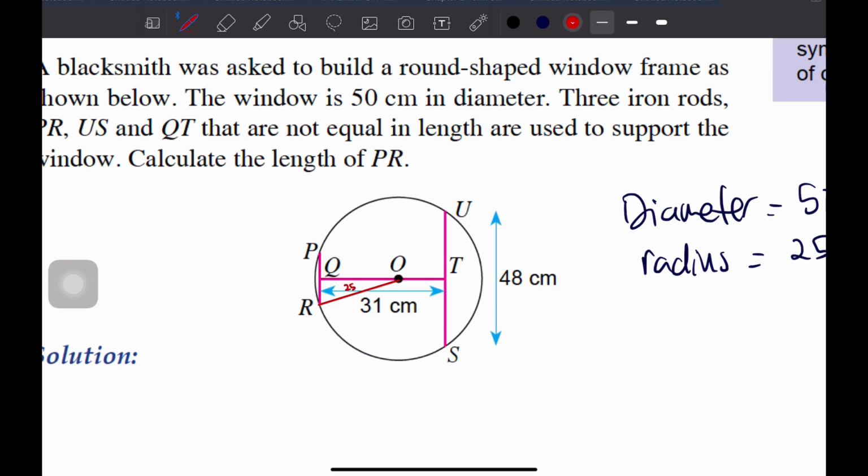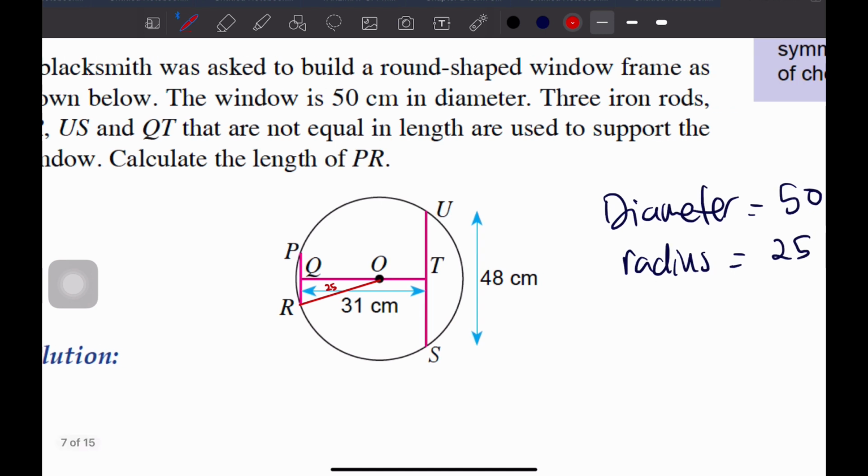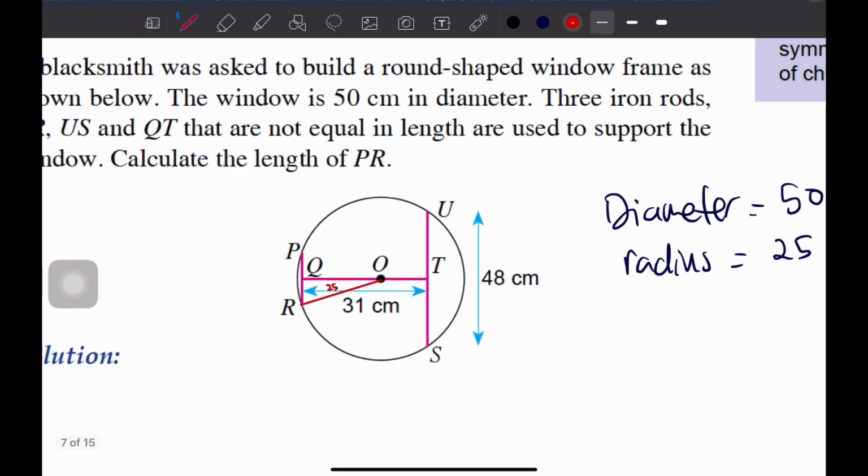So what else can I get from the diagram? Over here, this is 48. We can divide it into two parts. So 48 divided by 2 is 24. So over here is 24. Here is 24.